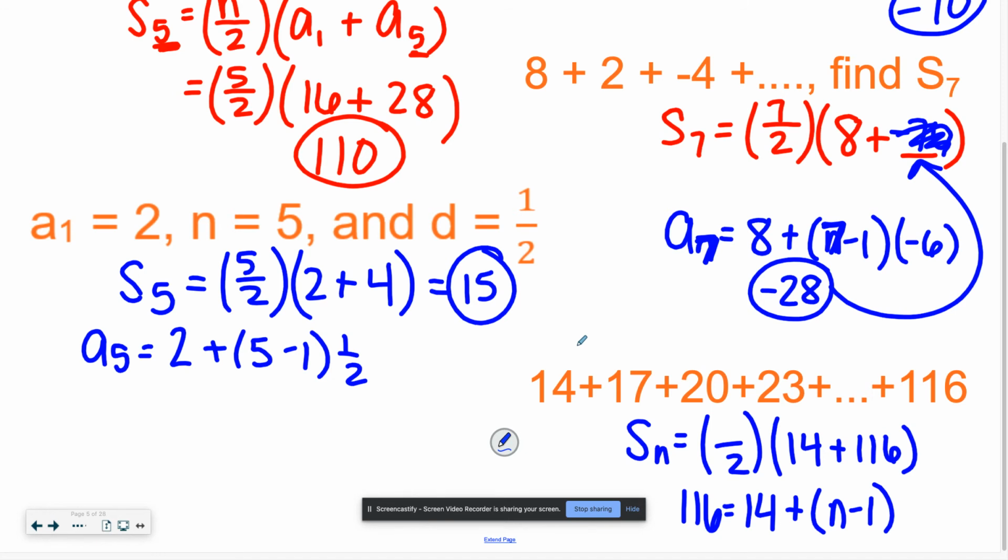And my common difference, I notice that I'm adding 3. So then I can simply distribute, combine like terms, and I can figure out what my n value is.